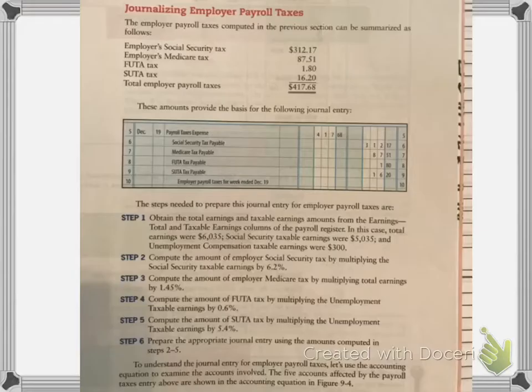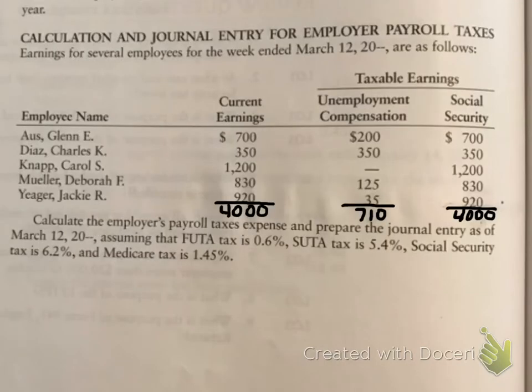All right, then we move on to step 5. And step 5 says compute the amount of SUTA tax by multiplying the unemployment taxable earnings times 5.4%. Again, we are using this number.